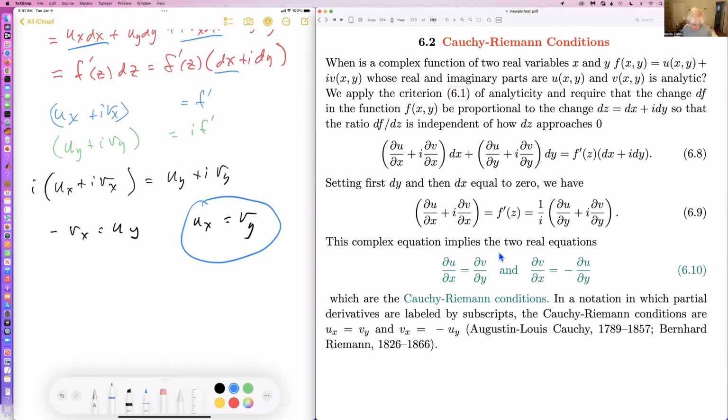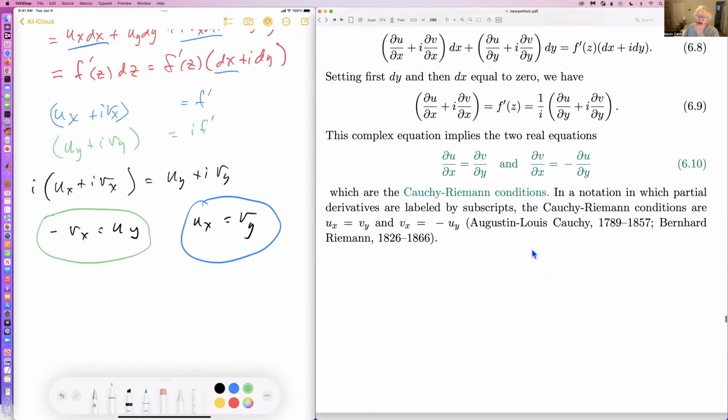And minus v sub x is u sub y is this condition over here. So that's where the Cauchy-Riemann conditions come from, and they let us tell what is an analytic function.